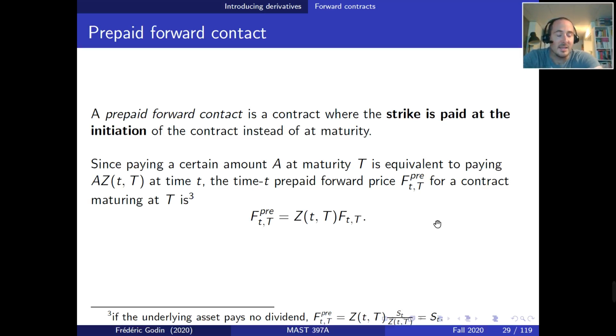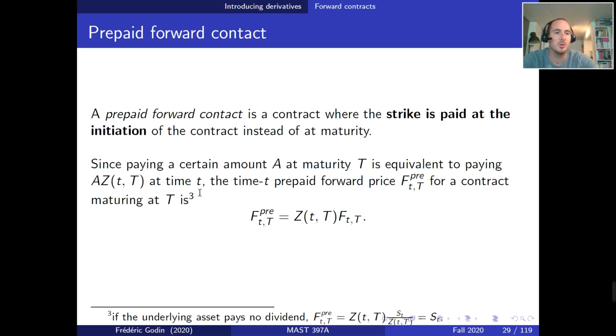Is there a relationship between the strike price of a forward contract and the strike price of a prepaid forward contract? Well, the answer is yes. To see that, we have to realize that paying a certain amount of money A at time capital T is equivalent to paying an amount A Z(t,T) at time small t.